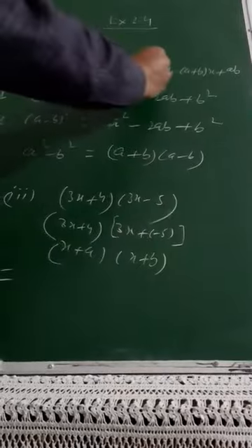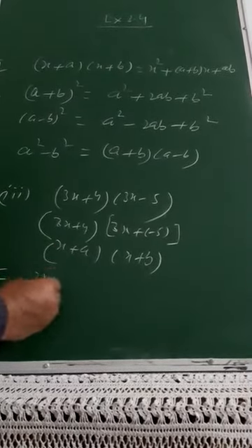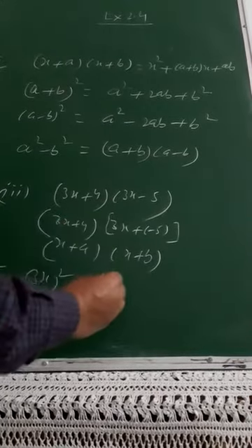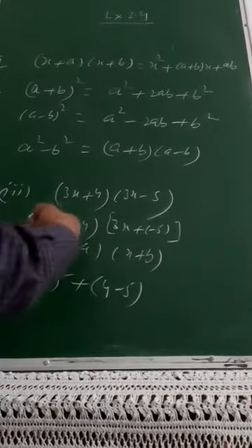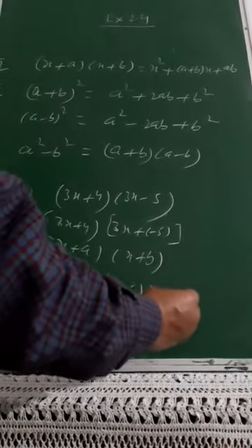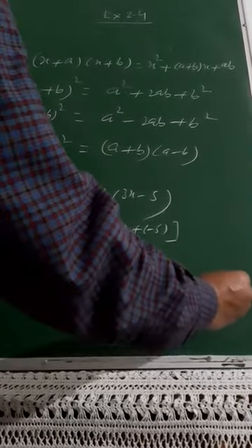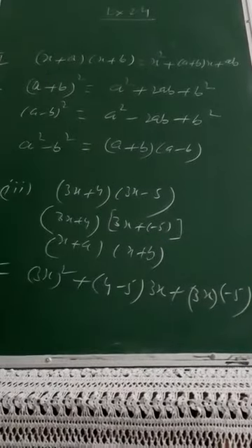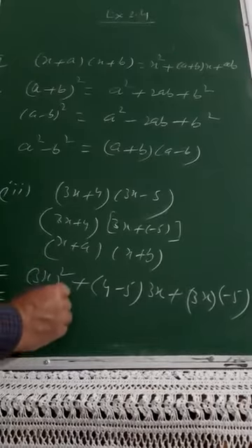So finally that is equal to what? x square, where x is 3x, plus, what is a, 4, what is b, minus 5, into x, again 3x, and plus ab, where a is 4 and b is minus 5. So you put that within the bracket, minus 5. Now you solve it. 3x whole square will make it 9x square.